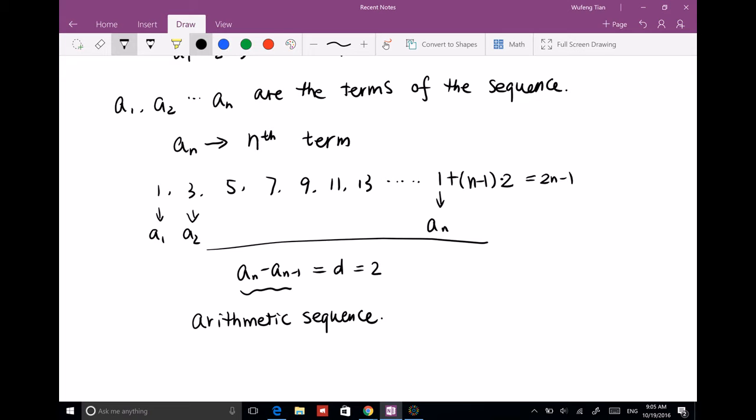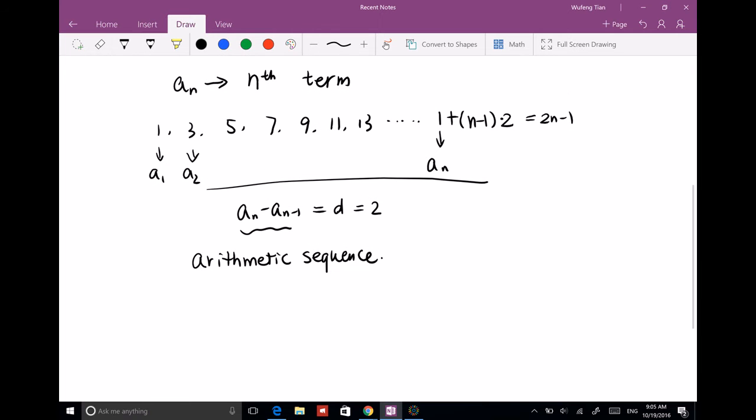So we also have the sum Sn. The first term is a1, and the nth term is 2n minus 1.